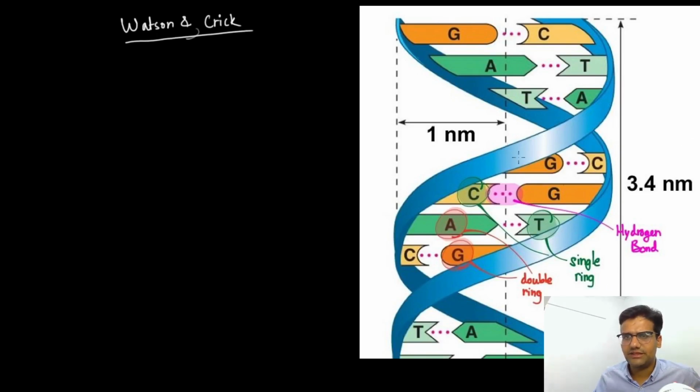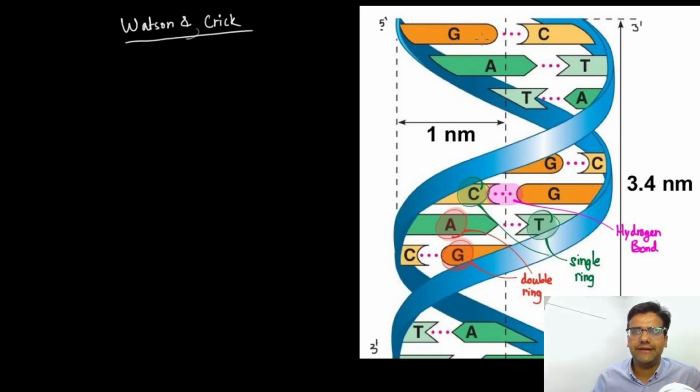What does that mean? These two strands are anti-parallel. That means if this is, let us say, the 5' end, then the other end would be 3'. Similarly, this would be the 5' end and this would be the 3' end.